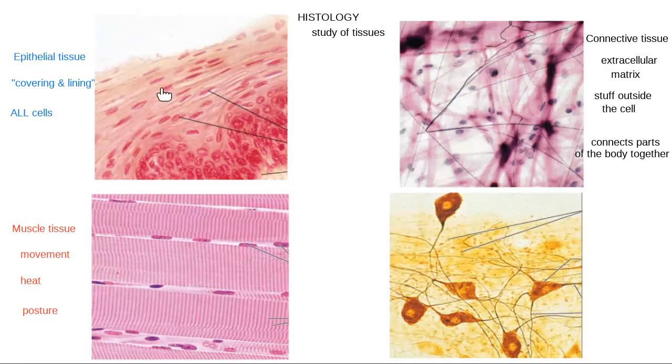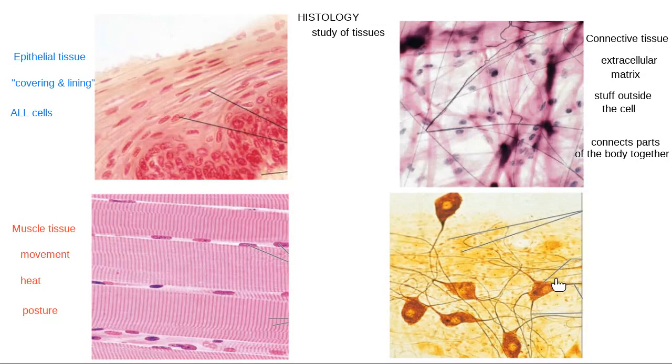So these dark spots that you're seeing here, these pink spots, these are the nuclei of these cells, but all of this is cells stacked on top of each other. We'll talk about how to name epithelial tissue in just a moment. But when you look at epithelial tissue, you're not going to have space for this extracellular matrix stuff, all those proteins on the outside. It's just going to be all cells. That's epithelial tissue.